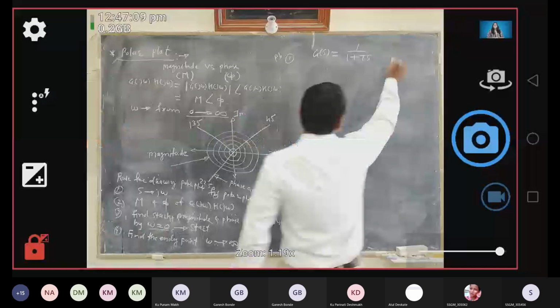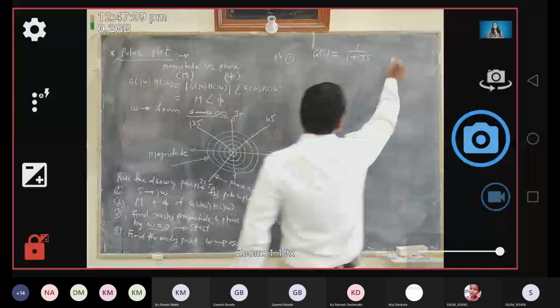Then prepare a table. First value you can take omega, second value is M, that is equal to the magnitude of G of j omega. Then the third value is angle phi, that is the angle of G of j omega. Then your starting point always starts at omega is equal to 0.